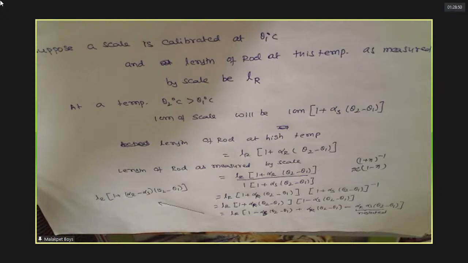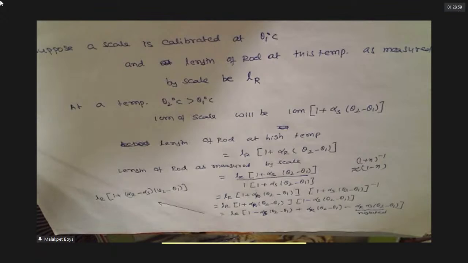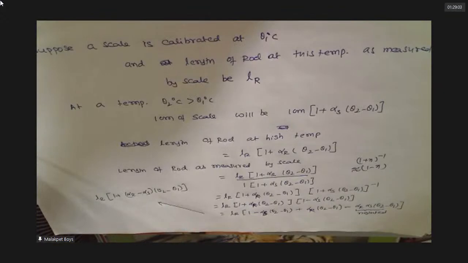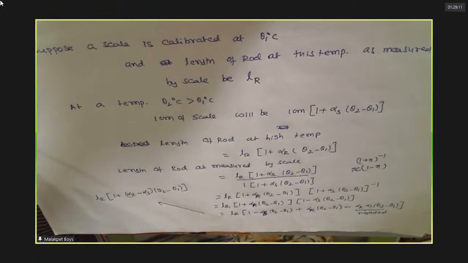In 20 rupees, how many 5 rupees are there? You're dividing, no? Because each 5 rupees corresponds to one apple, no? Yes, sir. In 20 rupees, how many 5 rupees are there? 20 by 5. 4. So each 5 rupees fetches you one apple. Do you agree with this or not?